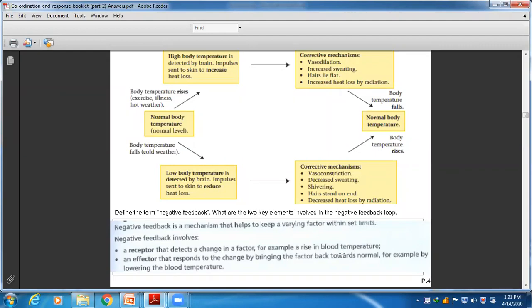Then an effector responds to the change by bringing that factor back toward normal, for example by lowering body temperature. To bring that back to normal, vasodilation and increased sweating will happen; these give the response and will be effective. If a sweat gland is producing sweat, then it is an effector. Hope it's clear to all, right?